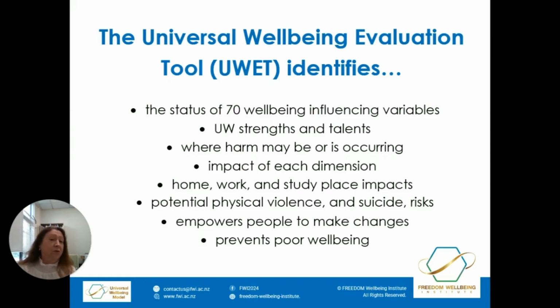So these things also emerge from the tool. It can empower the people who receive these reports to make changes, and it can also support them to prevent poor wellbeing through what we call wellbeing literacy, which is understanding what universal wellbeing is and what influences it in positive or negative directions.